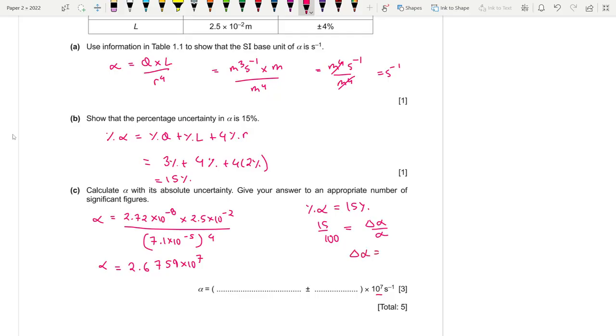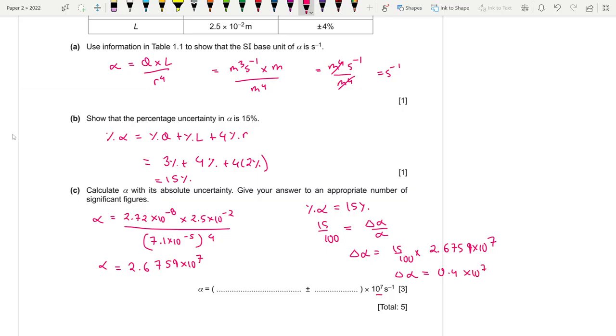So del alpha is equal to 15 by 100 times 2.6759 into 10 to the power 7. Matching the power, del alpha is equal to 0.4 into 10 to the power 7.